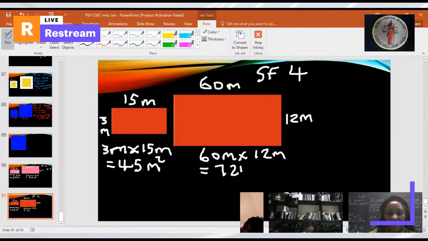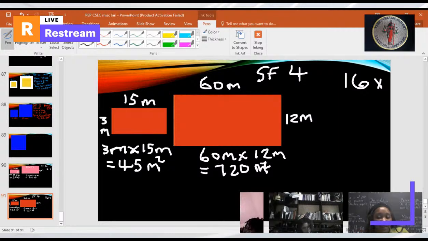Divide 720 by 45 and tell me what you get. You would get 16. So it's 16 times as big. And 16 is the square of 4, right?